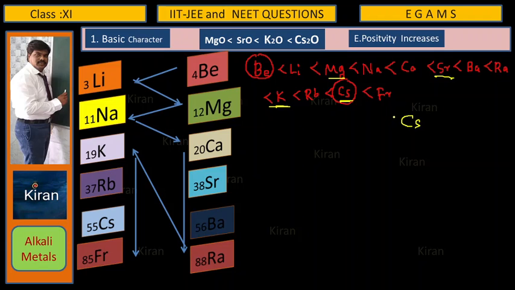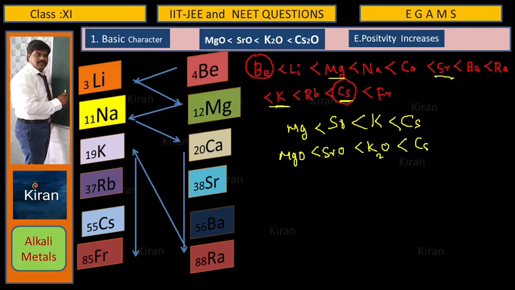After cesium comes potassium, then strontium, and then magnesium. Whatever elements they give in the exam, you should follow this pattern. So magnesium oxide has the lowest basic strength because of its smaller atomic size, then strontium oxide, then potassium oxide, and then cesium oxide. This is the basic strength order.